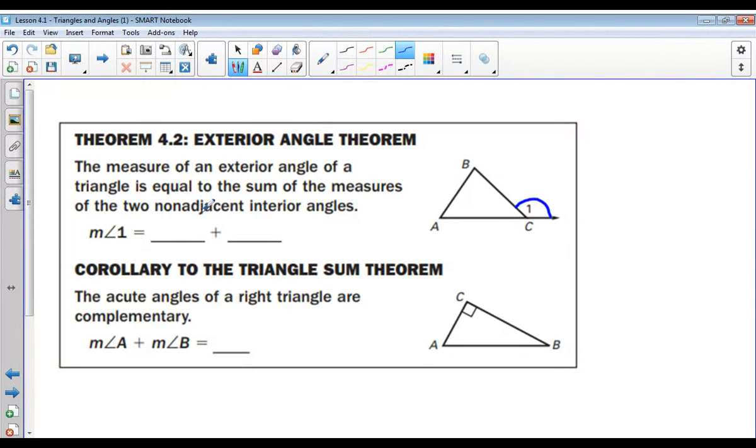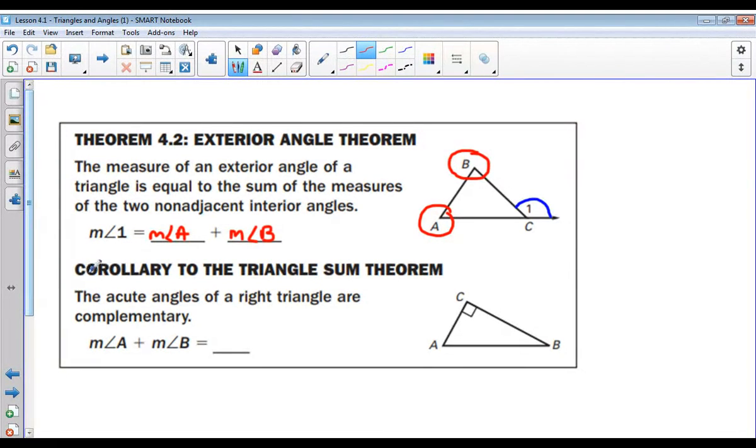Non-adjacent would mean that it's not touching angle 1. So I'd be looking at angle A and angle B. If I add up the measure of angle A and the measure of angle B, it's going to be equal to the measure of angle 1.